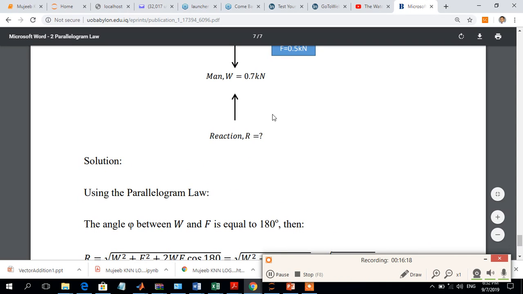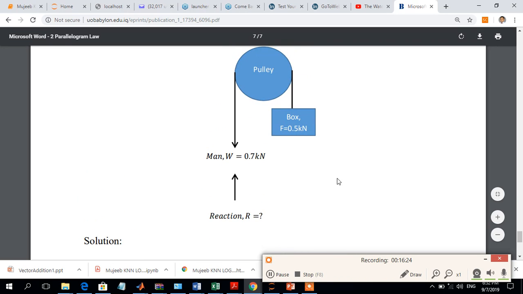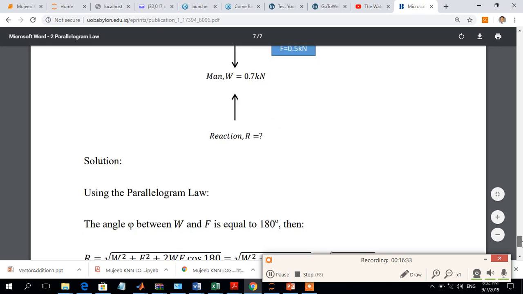You have 0.7 here, whereas the actual weight is 0.5, so you have a net force of 0.2 kilonewton, which will be acting downwards. So this is the basic example.